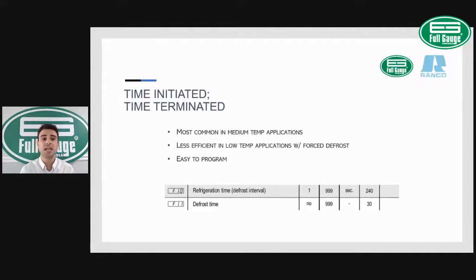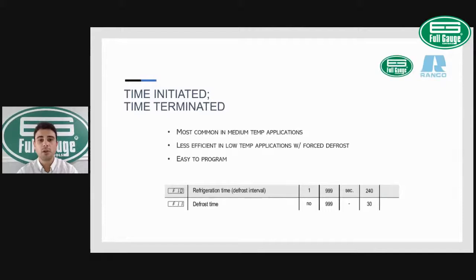Time-initiated, time-terminated is the same concept as the mechanical timers, and it is widely used in medium temp applications. When we move to low temp freezer applications, we're going to have a different defrost determination.